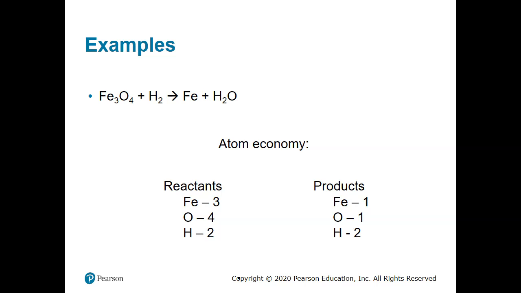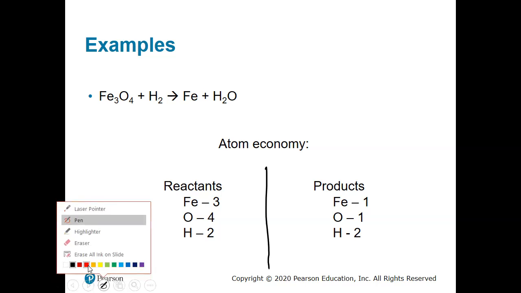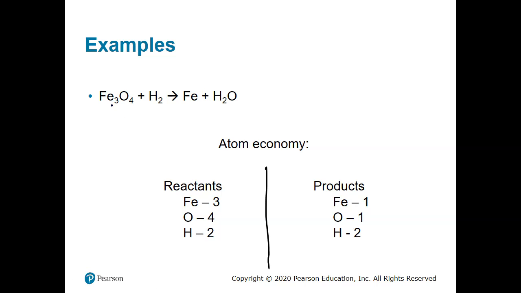So we start our atom economy up here, and we see that we have 3 irons, 4 oxygens, and 2 hydrogens on the reactant side, 1 iron, 1 oxygen, and 2 hydrogens on the product side. Right now, other than hydrogen, nothing is balanced out.